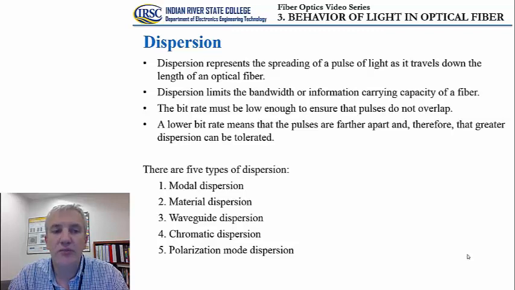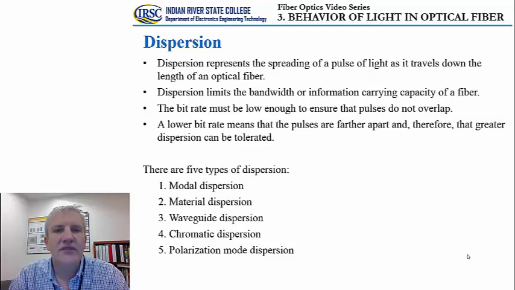And obviously, lower bit rate means that the pulses are farther apart, and that greater dispersion can be tolerated. But on the other side, lower bit rate means lower speeds or a lower amount of information being transferred over a certain amount of time.